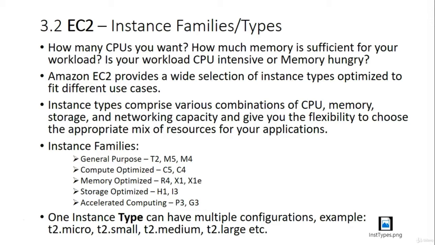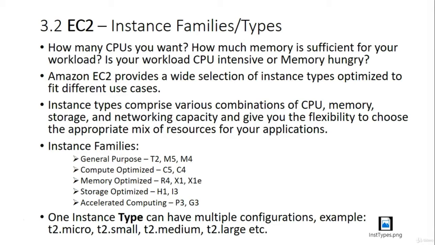Based on the answers to these questions, you are going to select your EC2 instance. Amazon EC2 provides a wide selection of instance types optimized to fit different use cases. Instance types comprise various combinations of CPU, memory, storage, and networking capacity and give you the flexibility to choose the appropriate mix of resources for your applications.